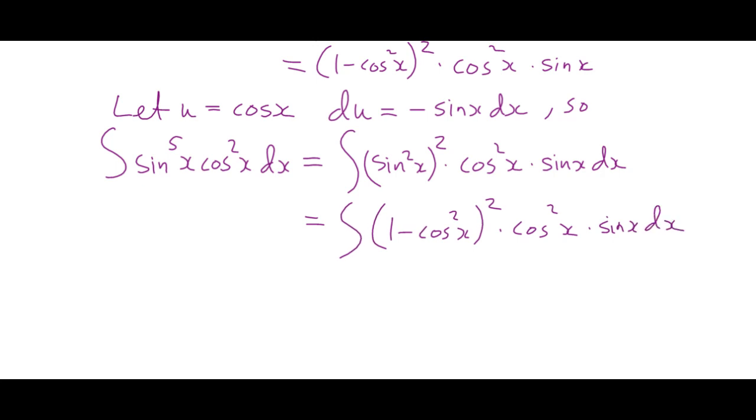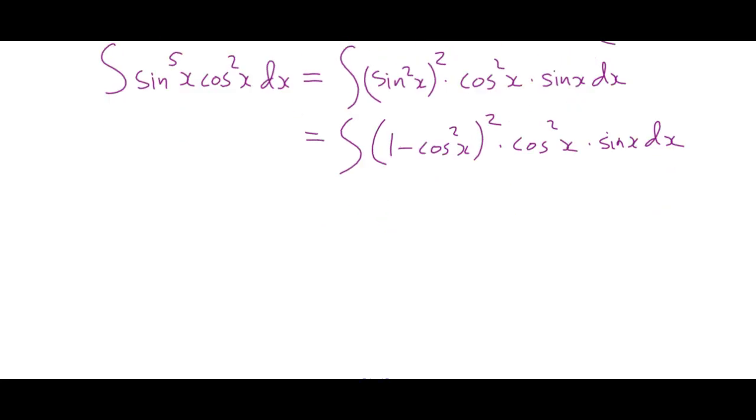Okay, so we split the odd power into an even power, sine squared, squared, and a sine x, right? Because this is what we need. I need this, but then if I need this, I need the rest of it to be in terms of cosine. Okay, well it is now. Now we can do the u substitution.